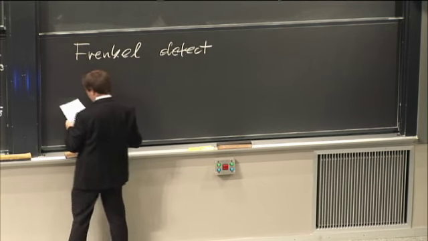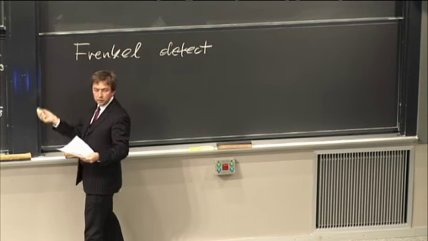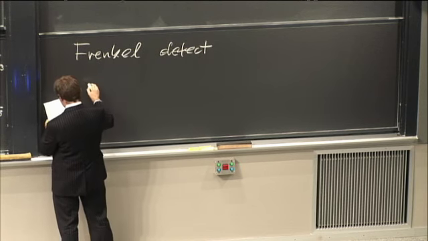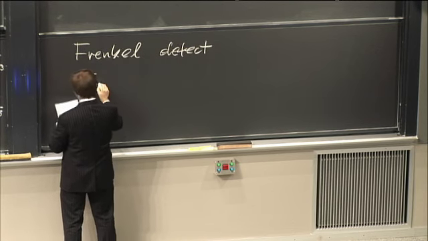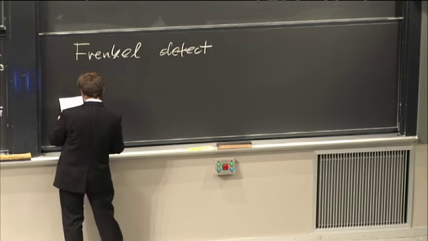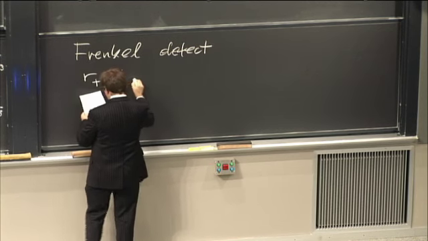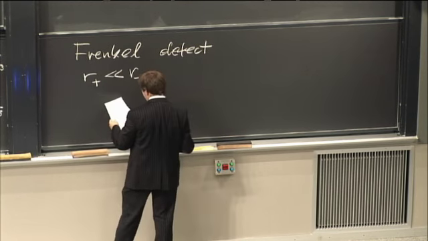Okay. So Frenkel defects usually occur in crystals with widely differing atomic radii, right? And in ionic crystals, the radius of whatever is positively charged would have to be much, much less than the radius of whatever is negatively charged.